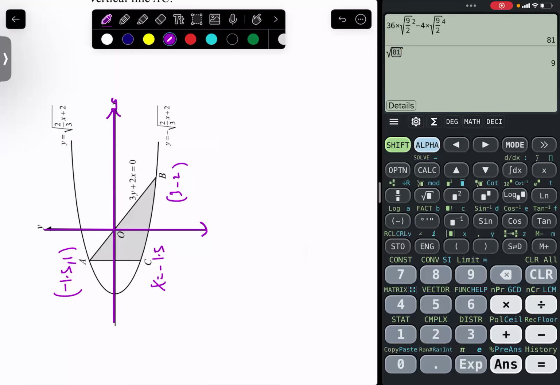If you think of it in such a way, then the area would be the area on the graph from here: line from here to here, and then curve, line minus curve.